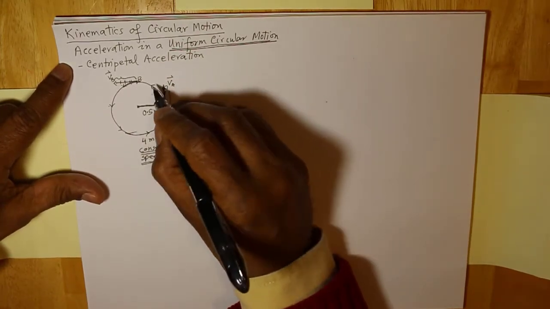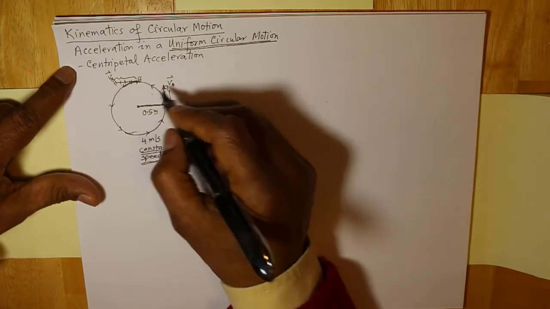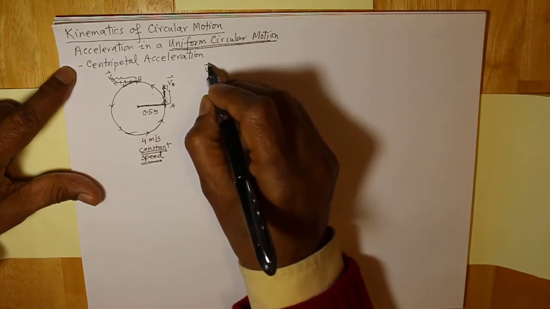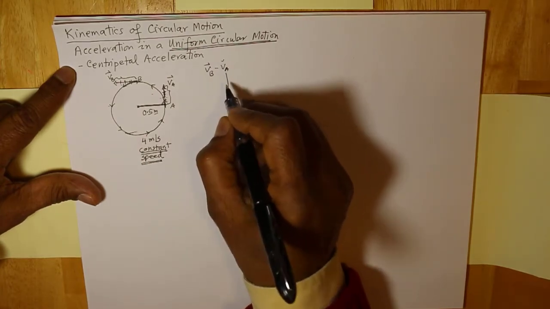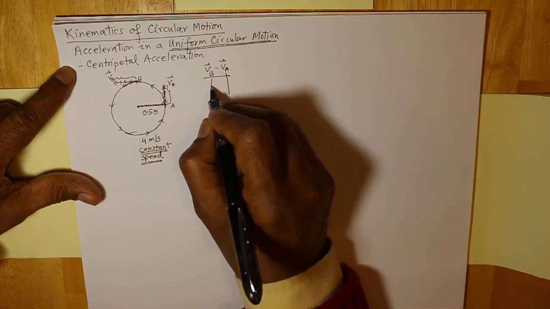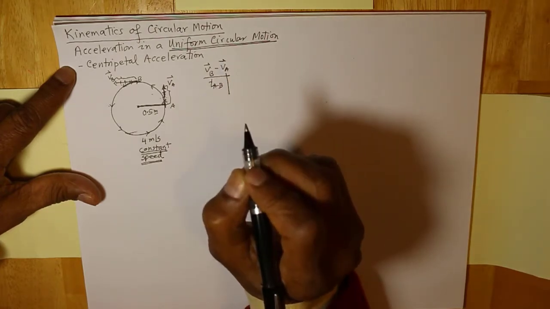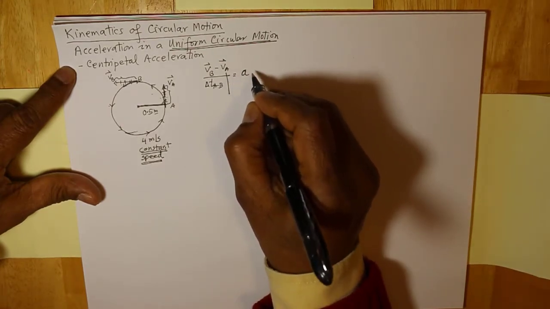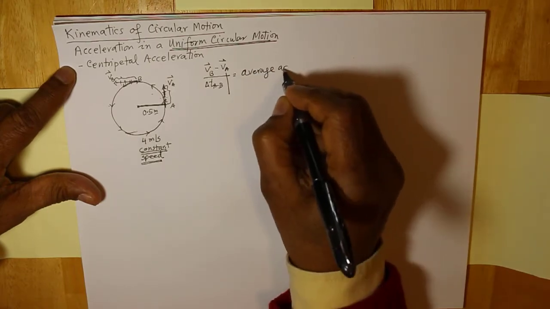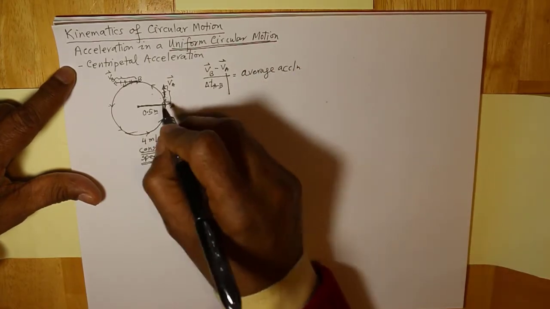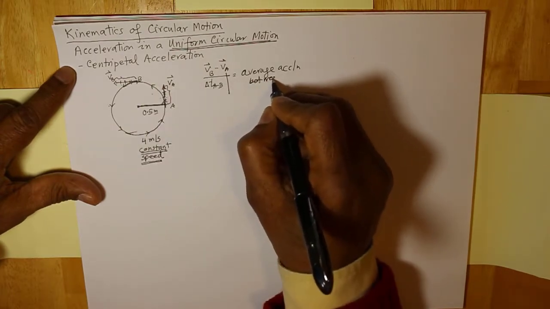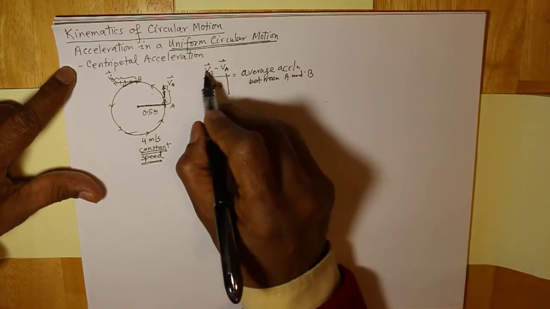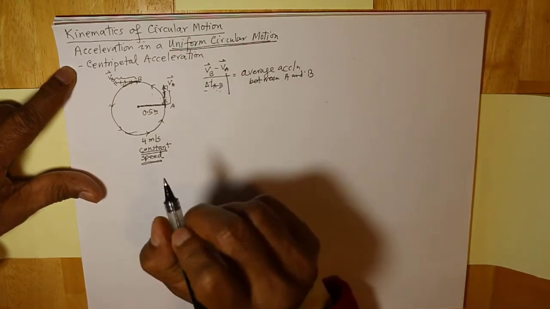Velocity at that point minus velocity at that point, divided by the time it takes from A to B, delta t, is the average acceleration between A and B. This is the definition of average acceleration: how much velocity changed over how much time it took.